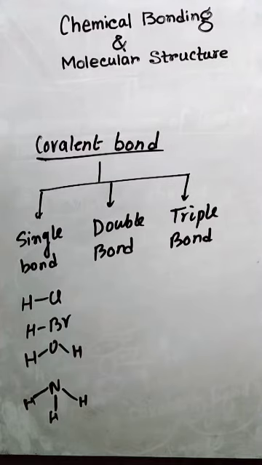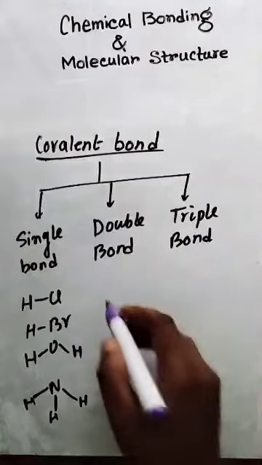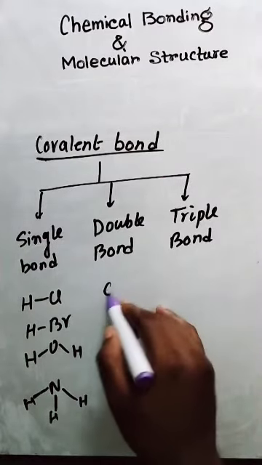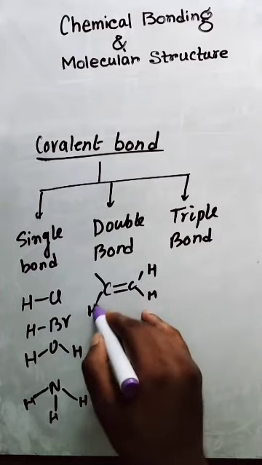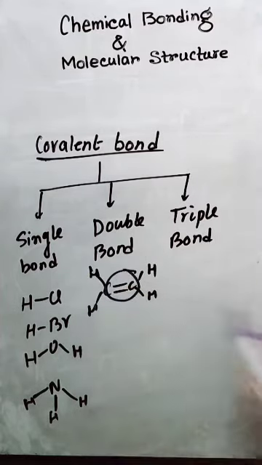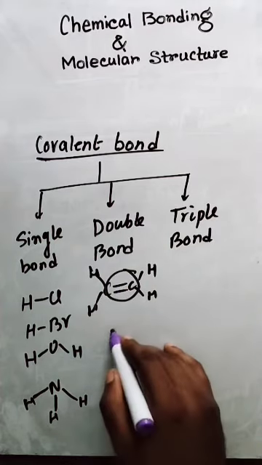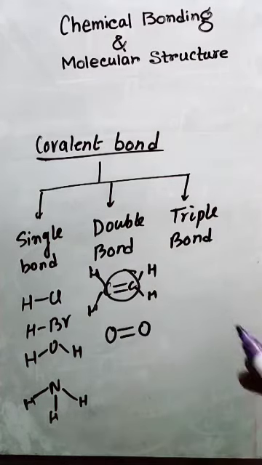And a double bond means there are two bonds between two atoms. For example, ethene, and in the case of oxygen, that is O2, there are also two bonds between these two atoms. This type of bond is known as a double bond.